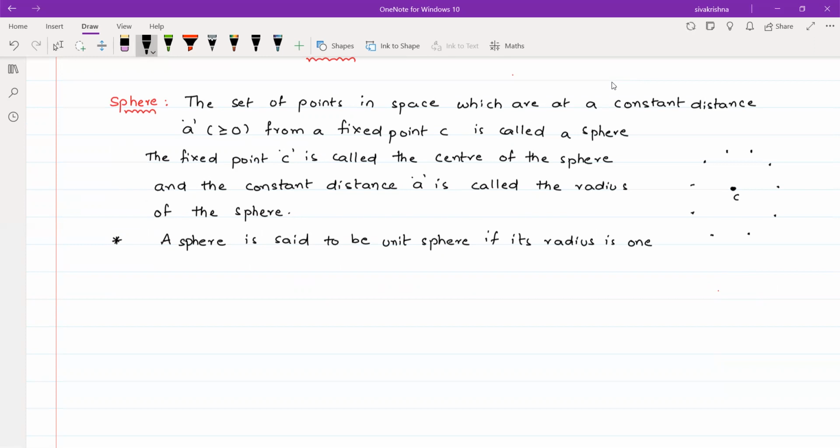Okay. So coming to the next point, a sphere is said to be a point sphere if its radius is 0.